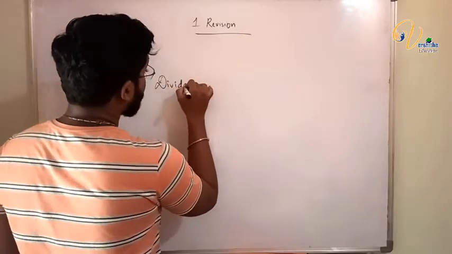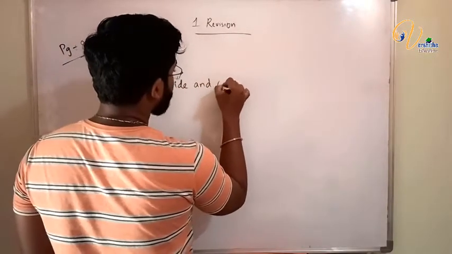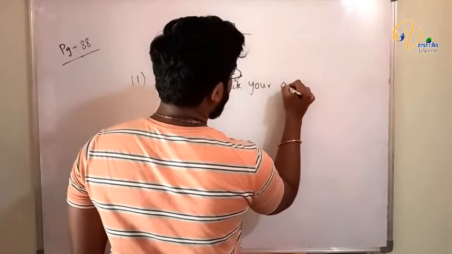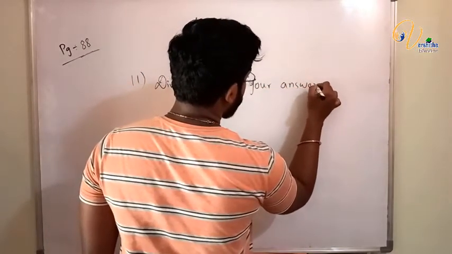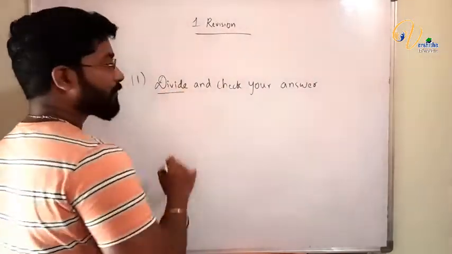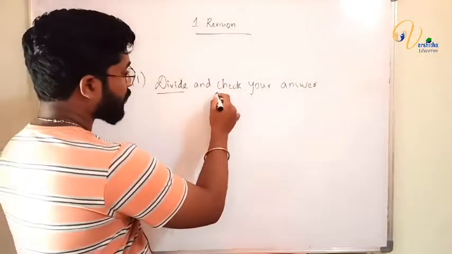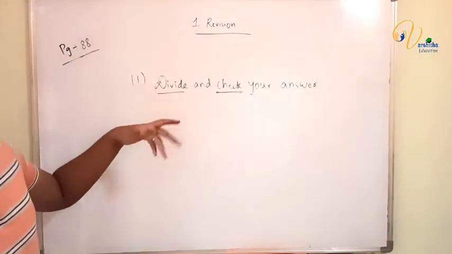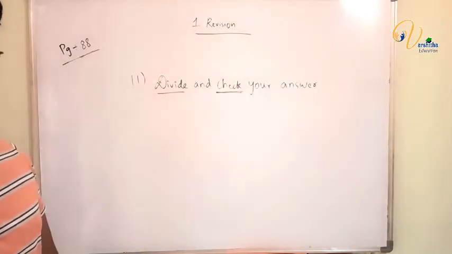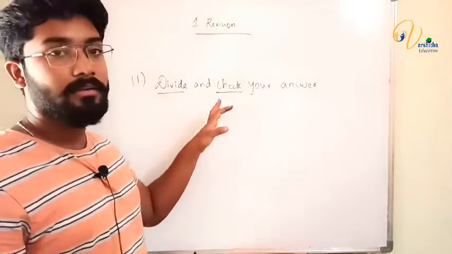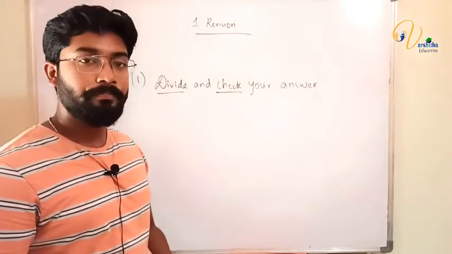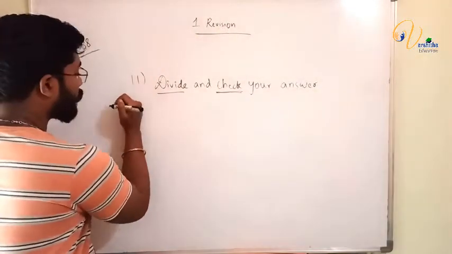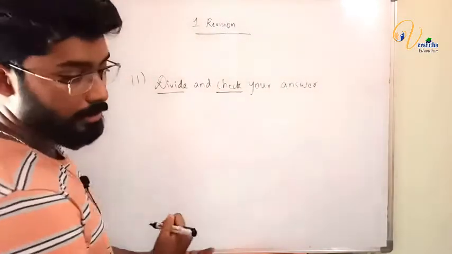Division we can do, but how to check? Division we can do, we will get quotient, we will get remainder. But how to check whether you did correct or not? So we will discuss how to divide and how to check in these 4 questions.